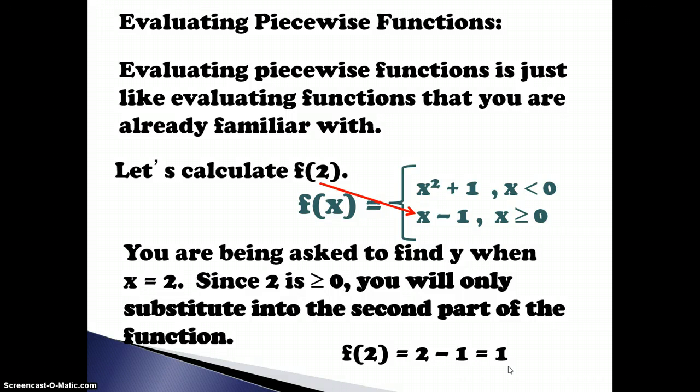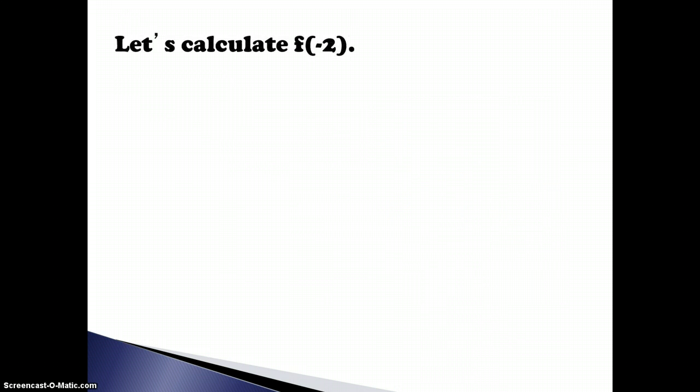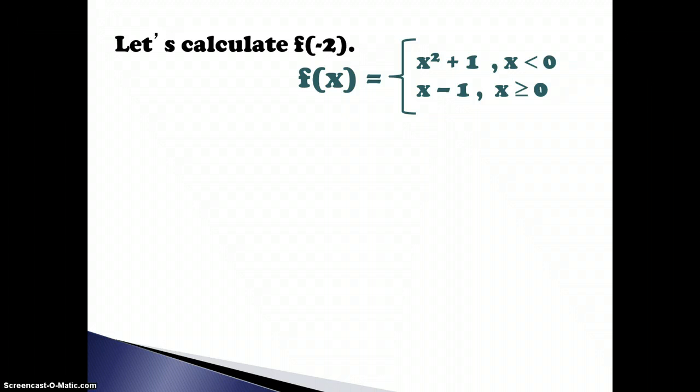So it's identical to what we did before, guys. You just need to know which function. Now I have two separate functions, and I need to know which one I need to plug it into. So if I had said let's find f of negative 2 in that same function, what do you guys think? Will I use x squared plus 1 or x minus 1? Where does x equals negative 2 fall?